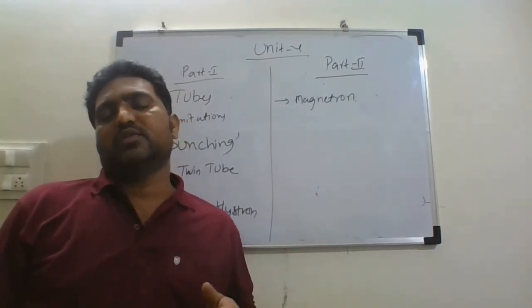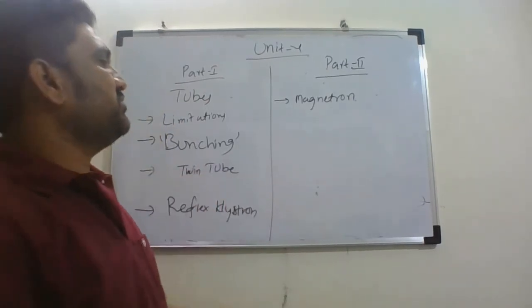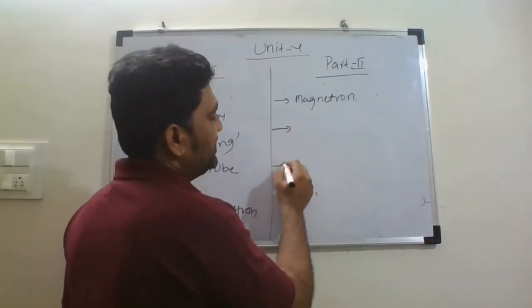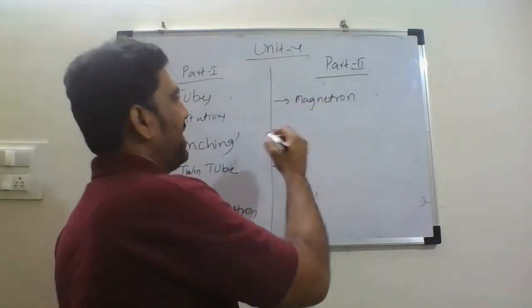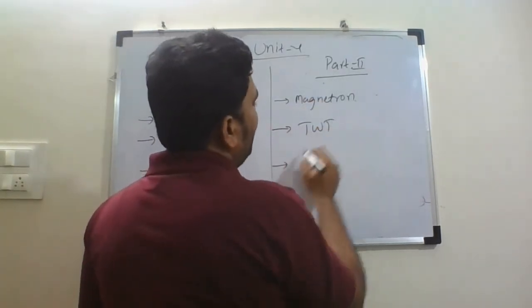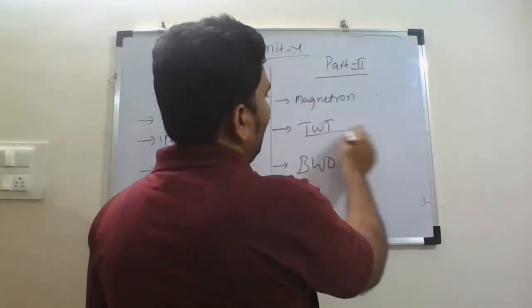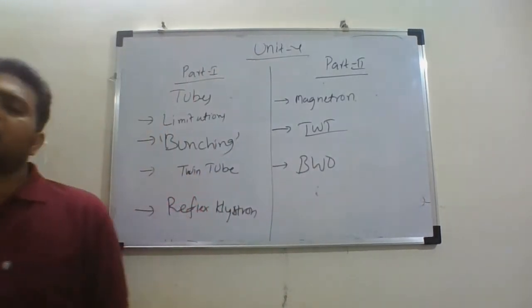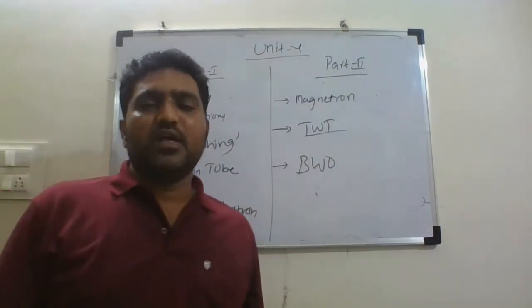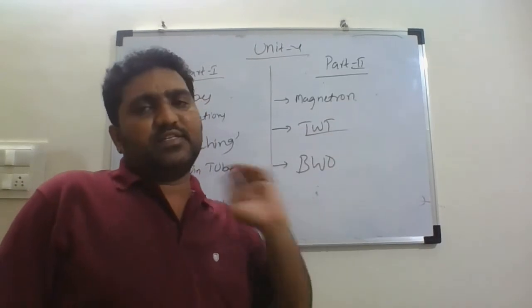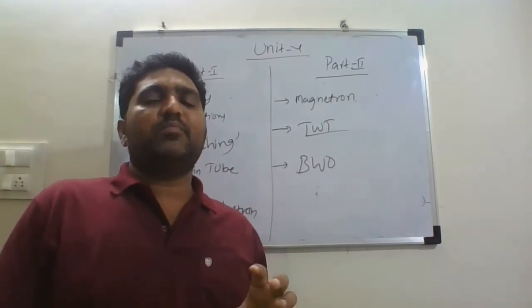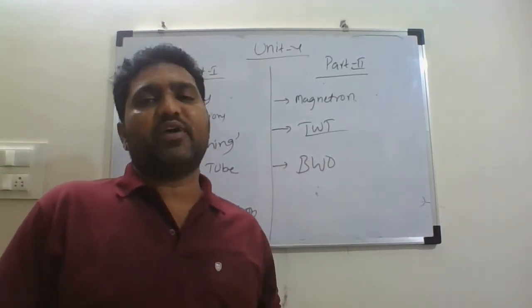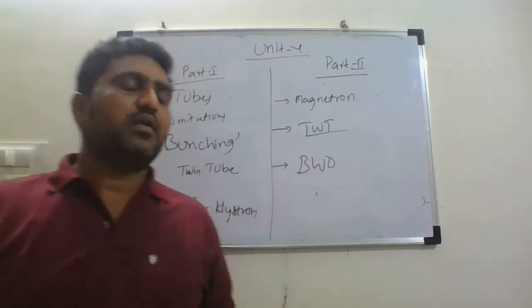We will be discussing some special microwave amplifiers here. One is a magnetron, another is a TWT, and the other is a BWO, that is, traveling wave tube and backward wave oscillator.